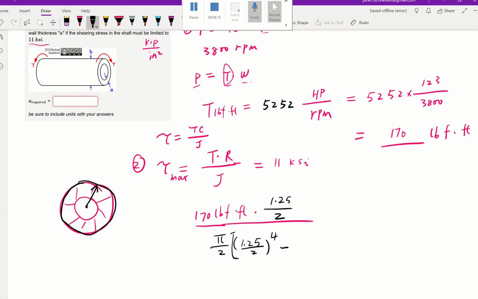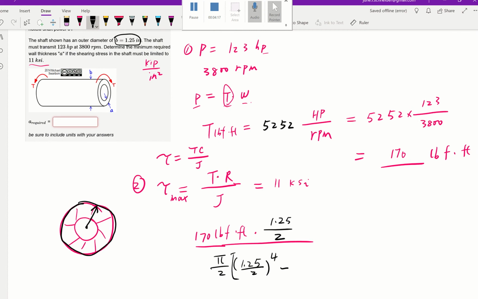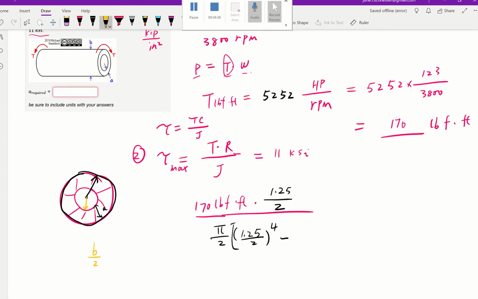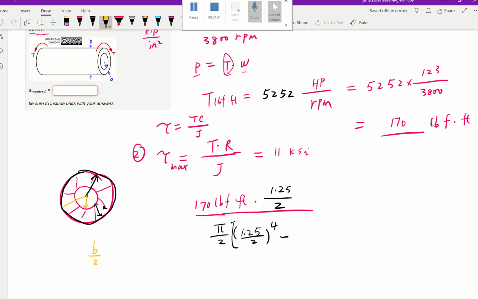then minus the inner radius. If the thickness is A, we have to figure out the radius in this orange color. The outer radius is B over 2, and then we subtract the thickness A. What we get right here is the inner circle radius.